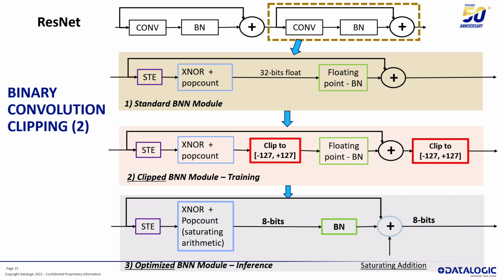It changes slightly because the clipping operation is inserted also after the addition operator, in addition to the same place as in the VGG block. And the difference here is that the batch norm operator has to be quantized with 8 bits. So the novelty is that only 8-bit data types are flowing through the layers along the pipeline.